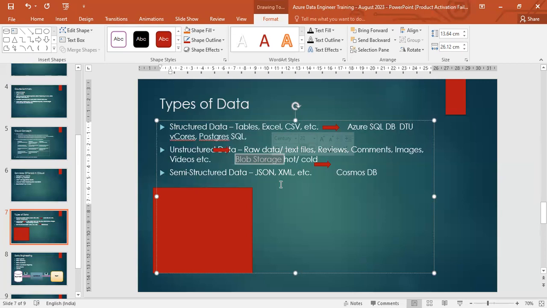Another thing is, if you have a huge amount of data on-prem, you do not have that much compute capability on-prem. Let's say you have 2 petabytes of data as of now, and it is going to increase again.